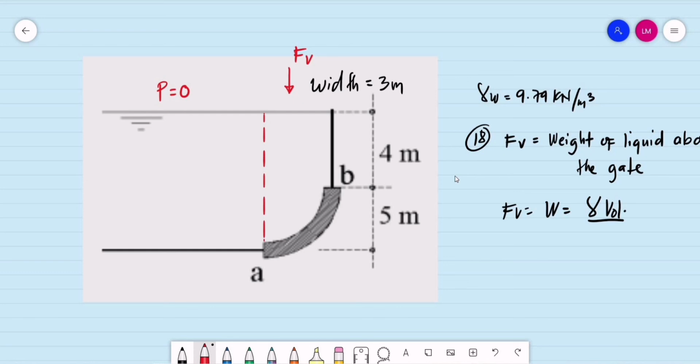Pwede nating i-separate into two sections. Yung isa is rectangle, 5 meters, yun yung radius ng quarter circle, tapos yung height niya will be 4 meters. While yung ibang part ng liquid will be yung quarter circle.